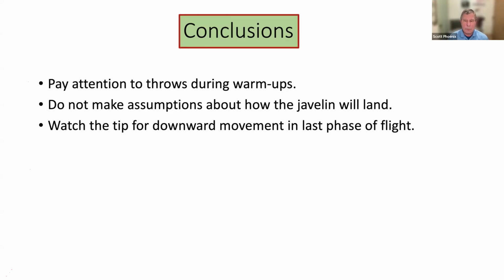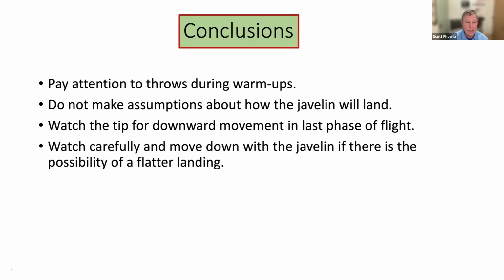Watch for the trending of the downward movement in the last phase of the flight. And then, as has been mentioned, you move with the javelin if there's any possibility of a flatter landing. And then make your call with confidence. However you call it, make it with confidence.